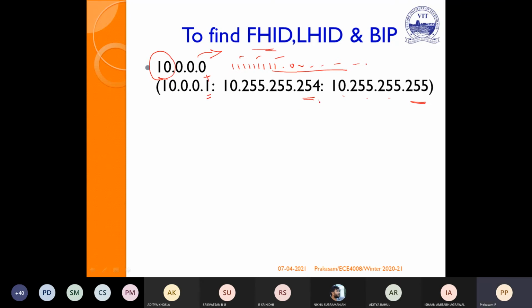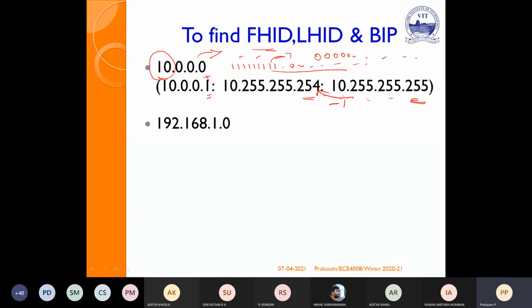Then how will you find the last host ID? Create the complement mask, that is first 8 zeros, then the remaining 1s. Just do the OR operation. You will get 10.255.255.255. This is the broadcast. So minus 1 gives the last host ID.